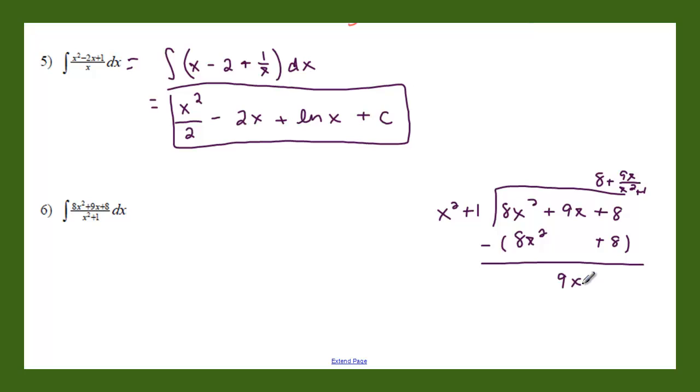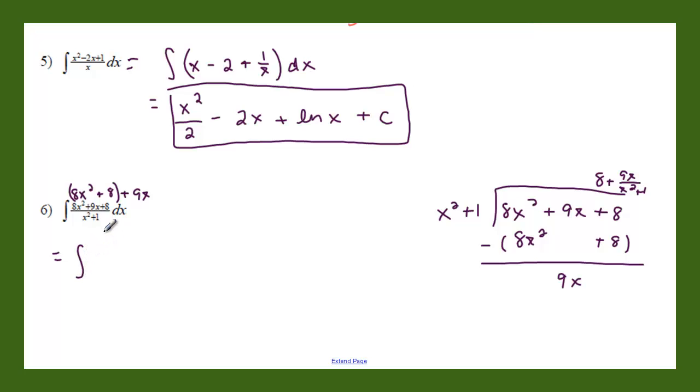If you prefer not to long divide, the other thing you can do is notice that you can do some algebraic manipulations. The idea is that you want to get this x squared plus 1 to cancel out of the top. So if I rearrange the numerator, I have 8x squared, and if I put the 8 with that, I group these two terms together and I can factor out an x squared plus 1.